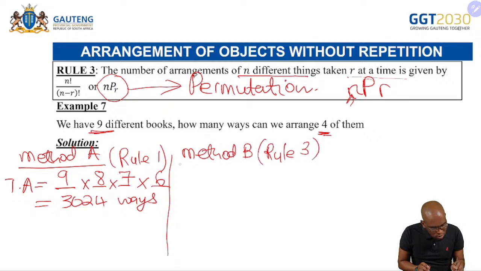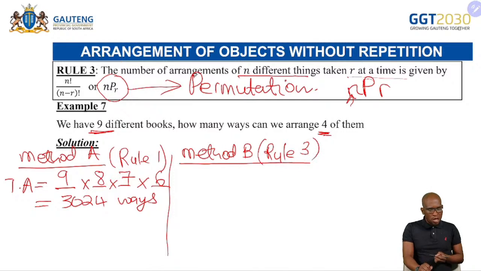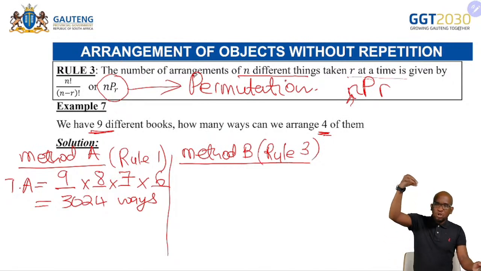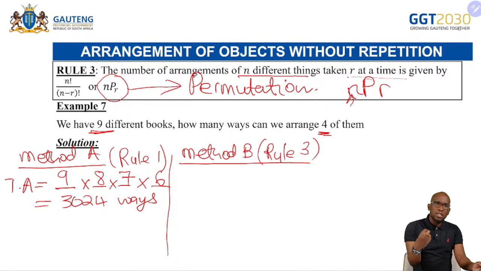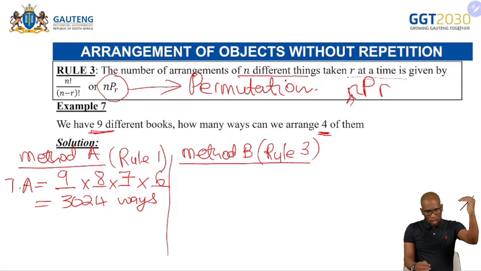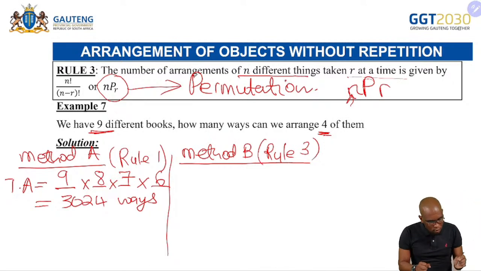We can make use of the permutation. If you make use of the permutation, N represents the total number of objects and R represents the number of objects that you want to arrange. So you have 9 books and you want to arrange only 4 of them. So this would be 9 permute 4.